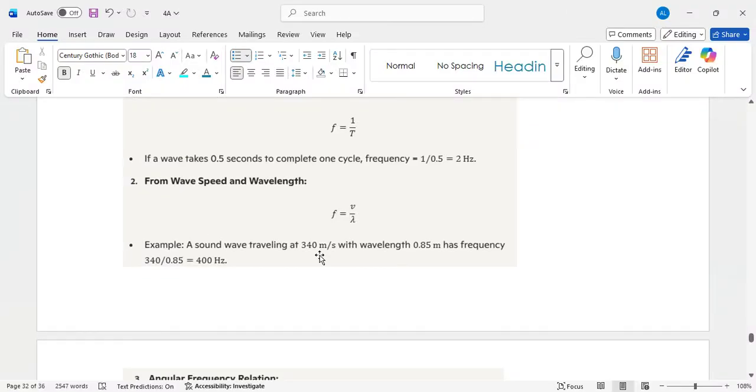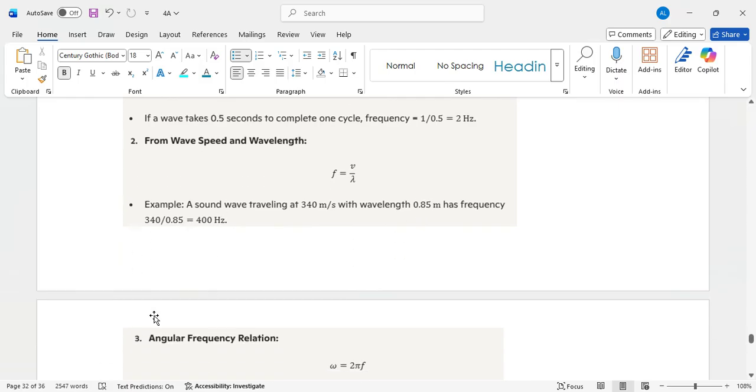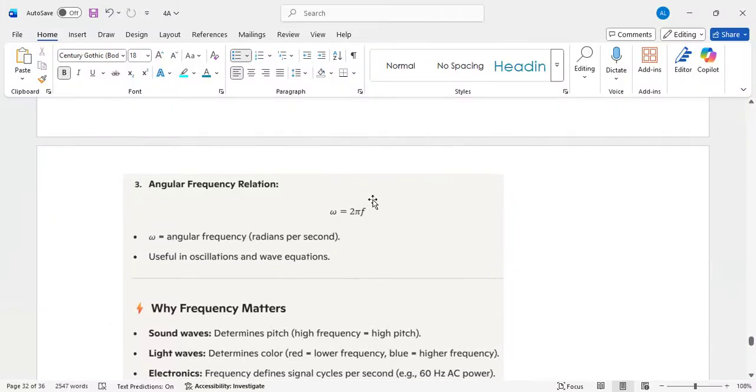A sound wave traveling at 340 meters per second with wavelength 0.85 meter has frequency 340/0.85 = 400 hertz. We are given velocity and wavelength, so we just divide them and we get 400 hertz, right?